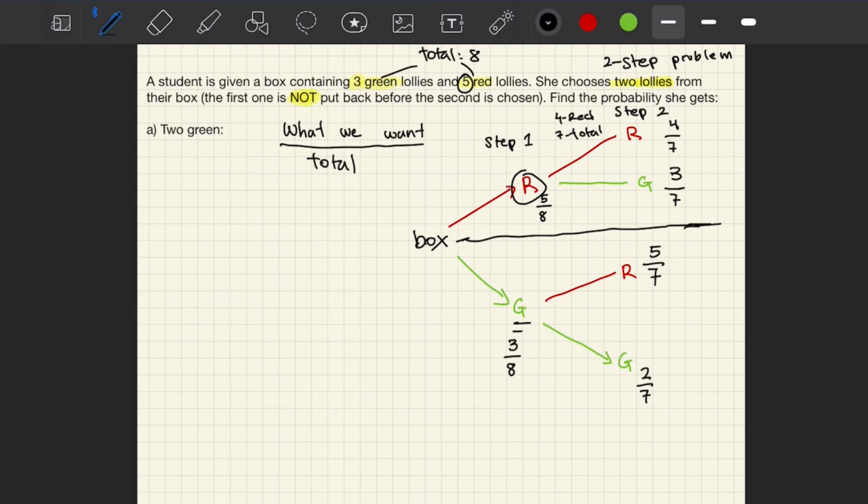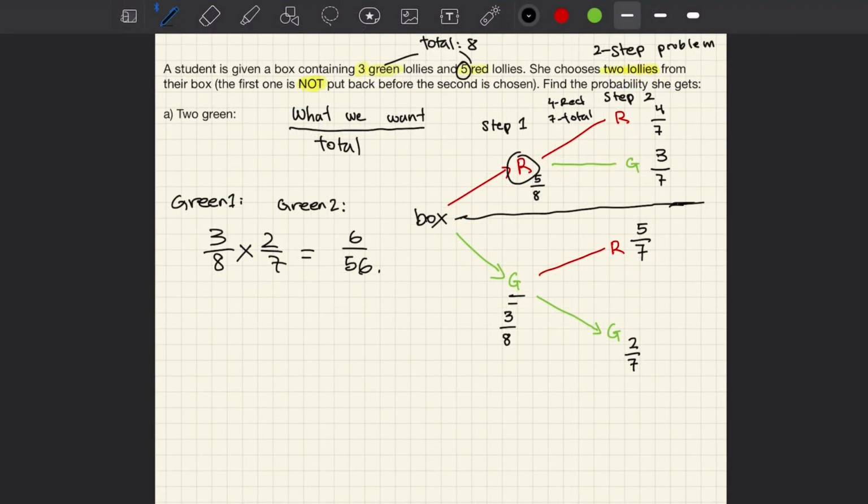So what this is going to look like is 3 on 8 multiplied by 2 on 7. So that's the probability of our first green. And that's the probability of picking our second green. So that's going to equal 6 on 56.